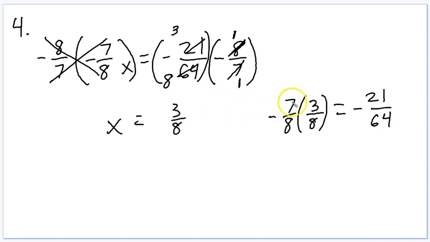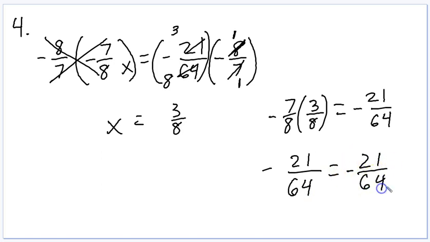Let's work this out. 7 times 3 is 21. There's only one negative, so it's going to be negative, by the way. And then 8 times 8, 64. Is that what you had? Yes, it is. Check mark. We're doing just fine. Moving on. Número 5.